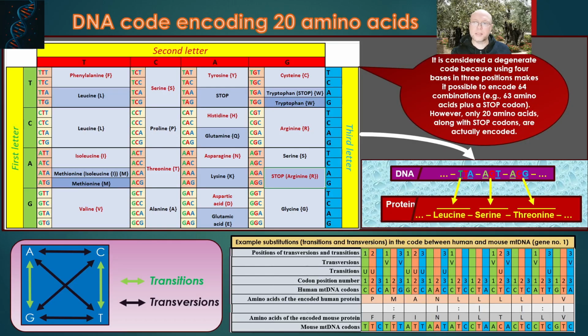So, let us take the first codon in the row of human mitochondrial DNA codons. We can see the codon CCC, which encodes the amino acid proline designated as P. In the transitions row, we can see in relation to the mouse codon two transitions at positions 1 and 2.